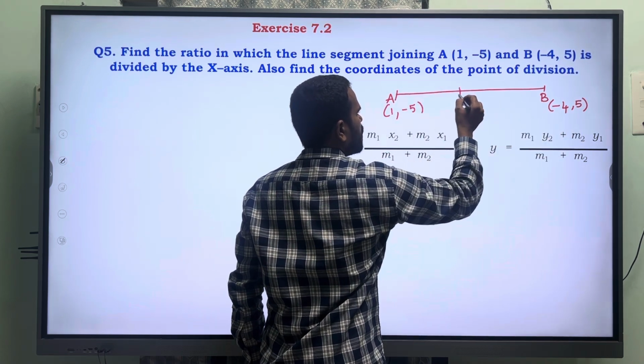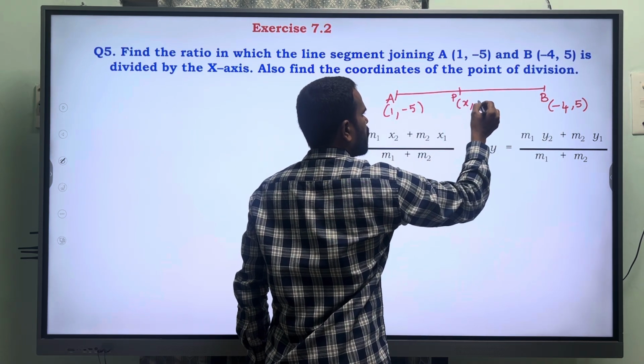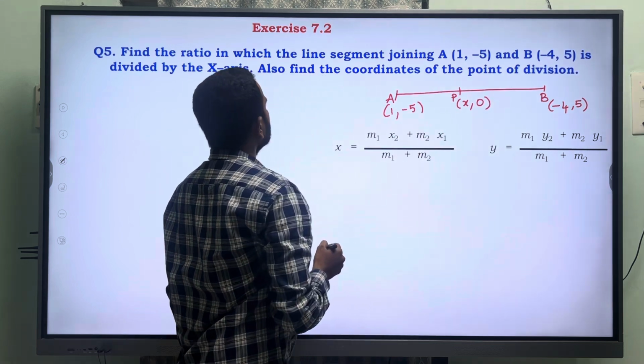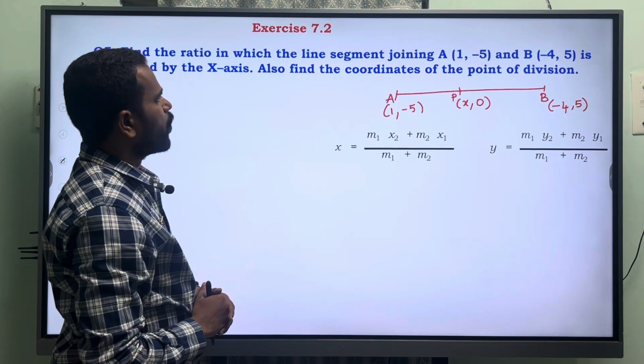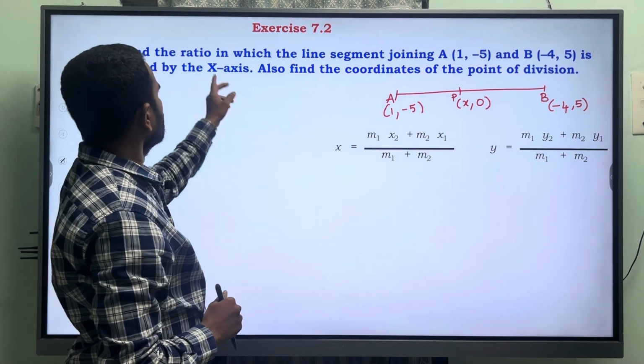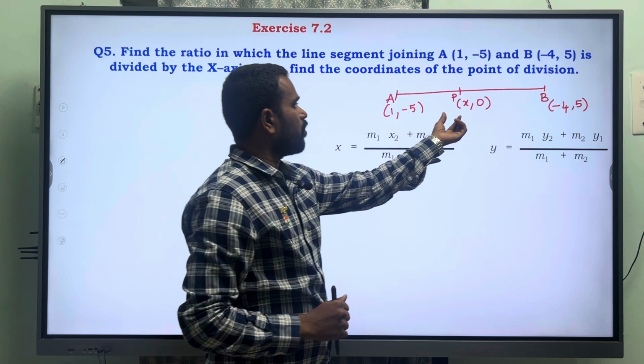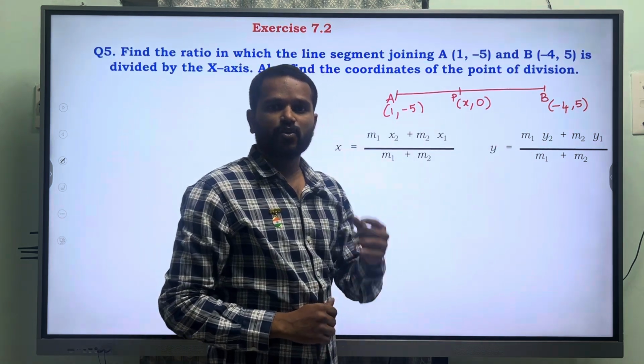There is a point P whose coordinates are x comma 0. Understand? Find the coordinates of the point of division, and we also have to find the ratio.